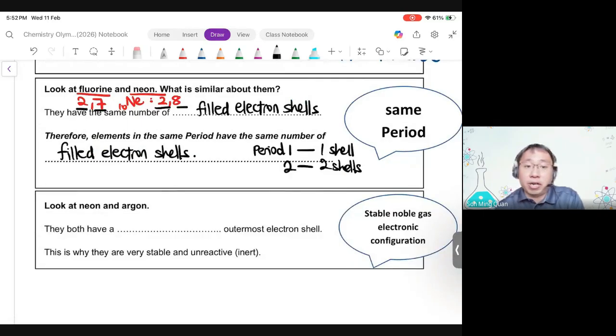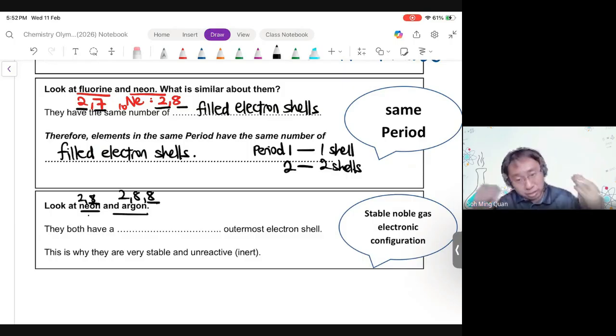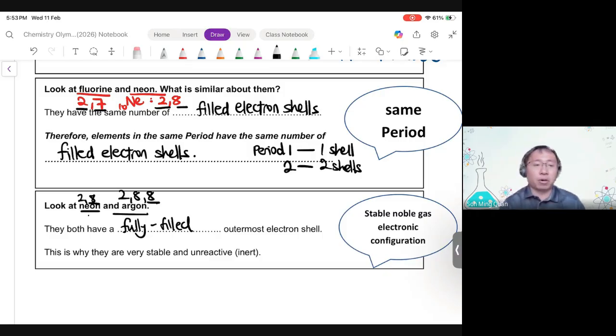Now finally, neon and argon, I think you know. I think you have written out the electronic configuration. Neon is 2,8, argon is 2,8,8. So we can see, hey, they have 8 electrons in their outermost shell. We call that a fully filled outermost electron shell. Okay.